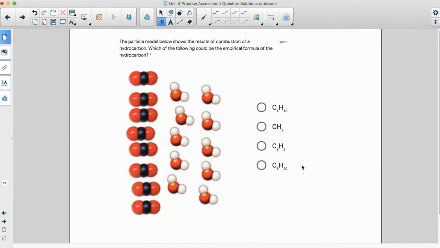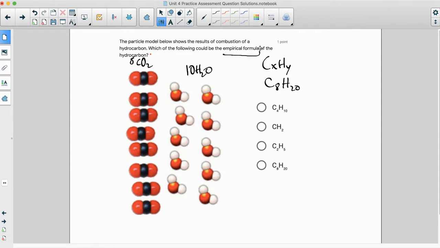All right, this next problem is a particle model problem. If we take a look here, this is a total of 8 CO2s, and this is 10 H2Os. A hydrocarbon is something with carbon and hydrogen. So if we look at our numbers, it would be C8, and the H is 20.